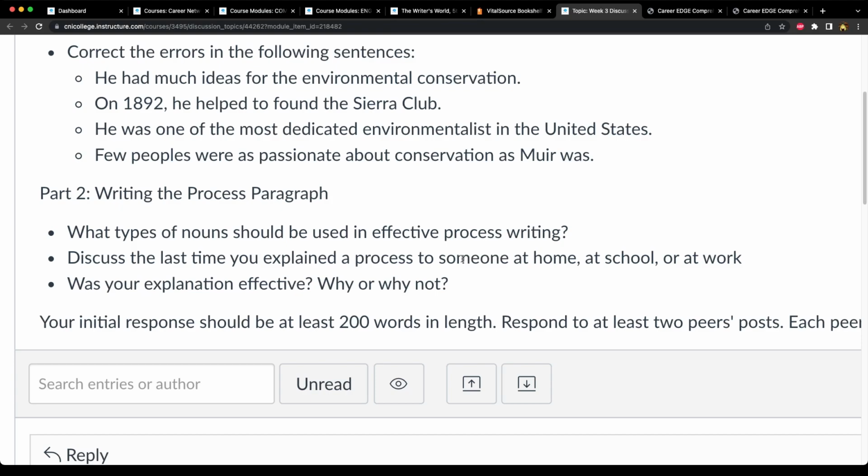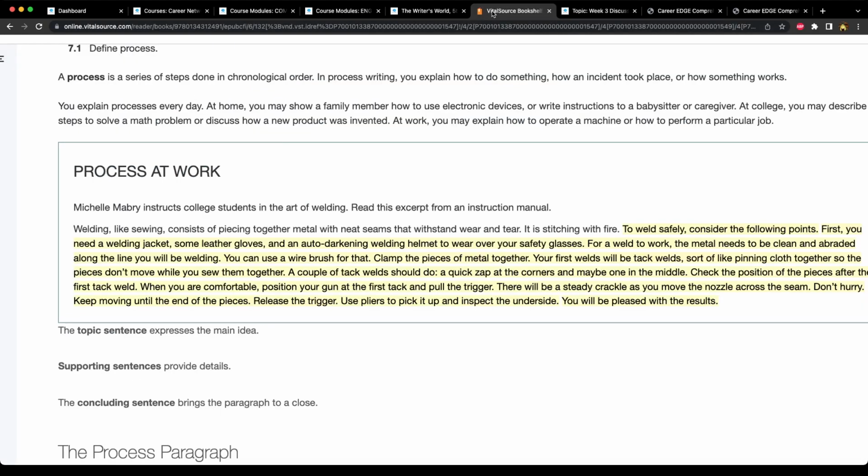Like, hey, how do you get to this place? Well, you can tell them, like, I got to this job by doing this. I started doing assistive work, then I worked my way up, something like that, right? And then again, you can tell us if it was effective, why or why not.